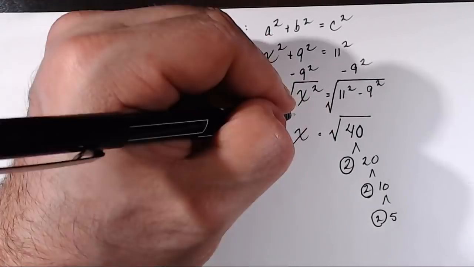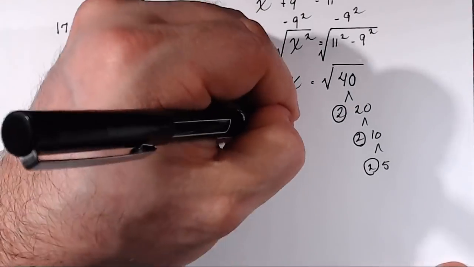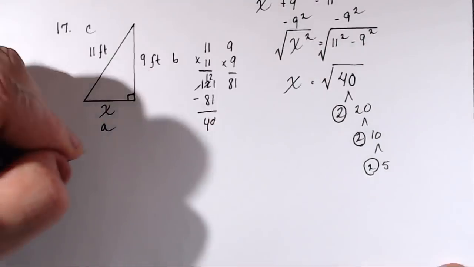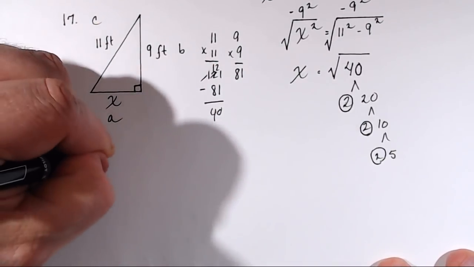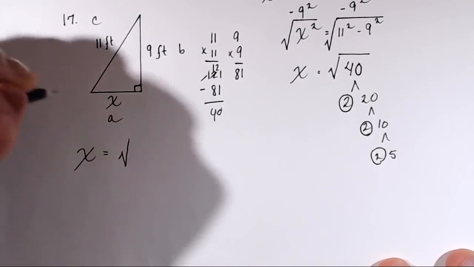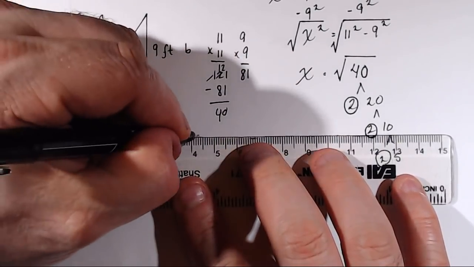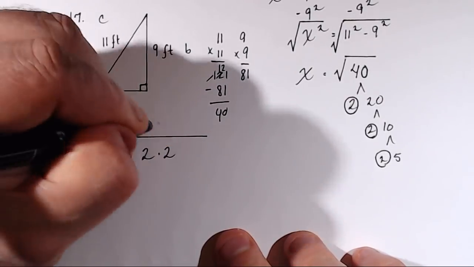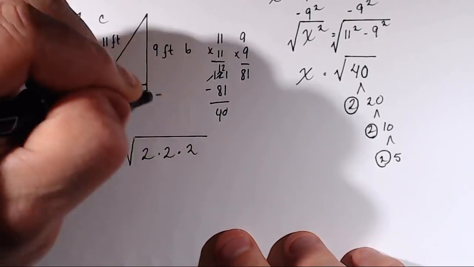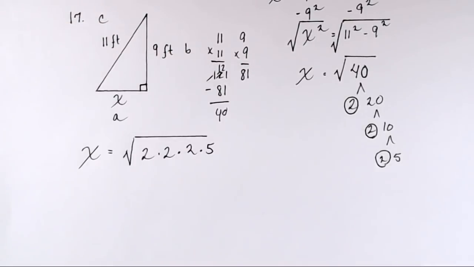So what I want to do is rewrite this as, let me make some space here. I'm going to move this whole thing over here. X is equal to the square root of 2 times 2 times 2 times 5.